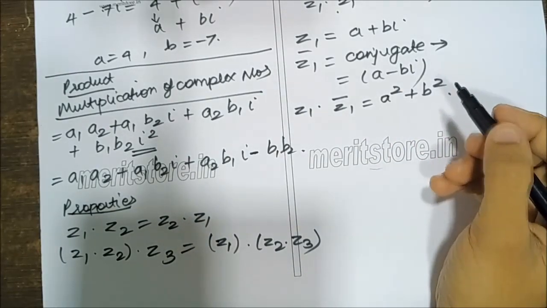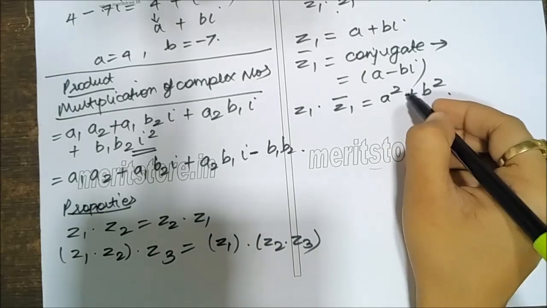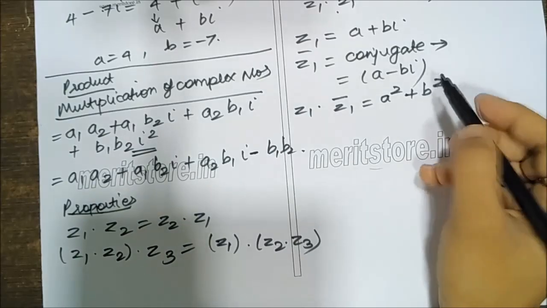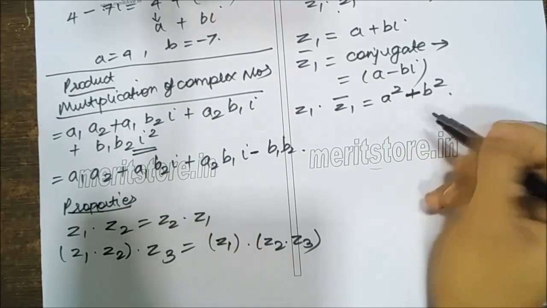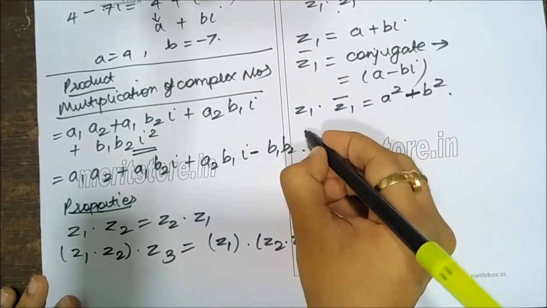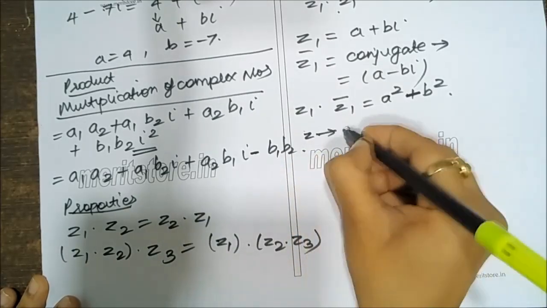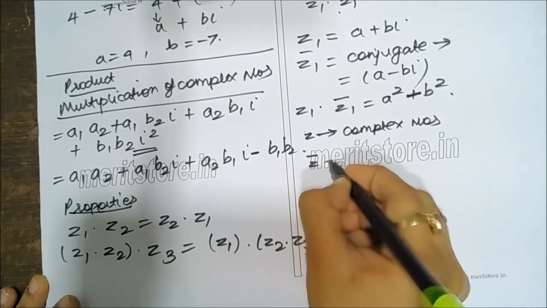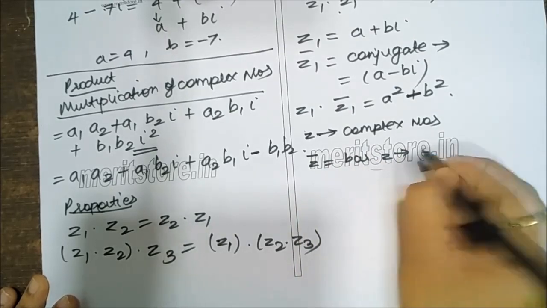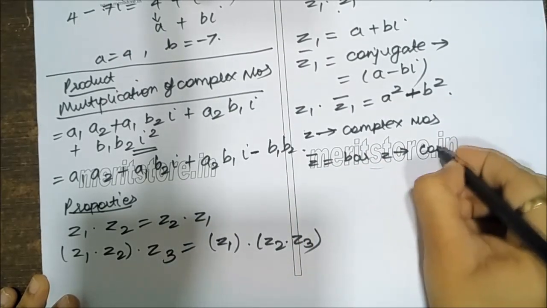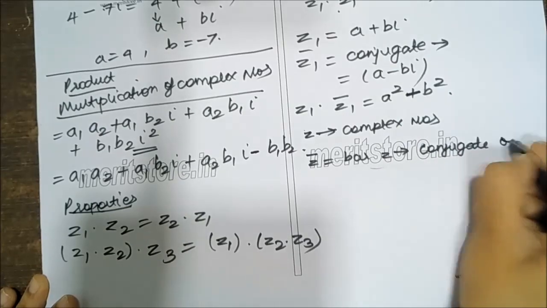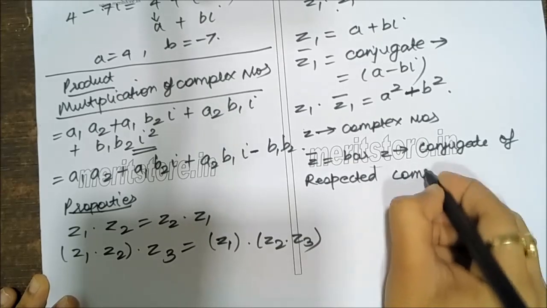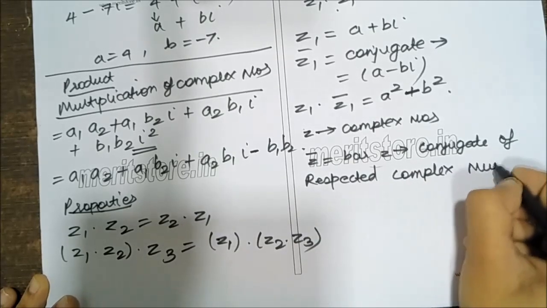Now, so Z you all are representing as the complex number, and the negative part, as I am saying, this is your bar Z, is the conjugate of the respective complex number.